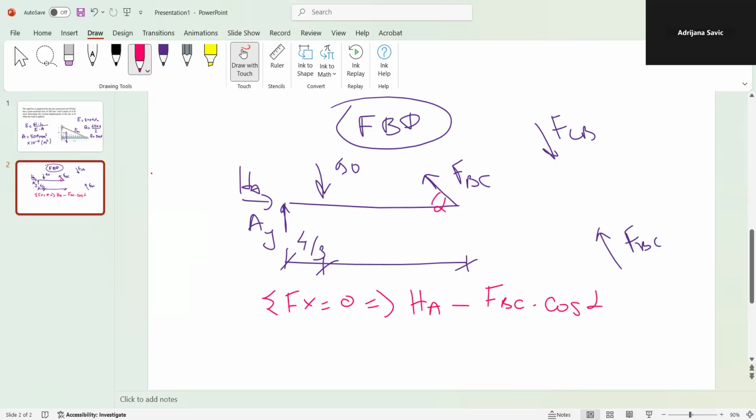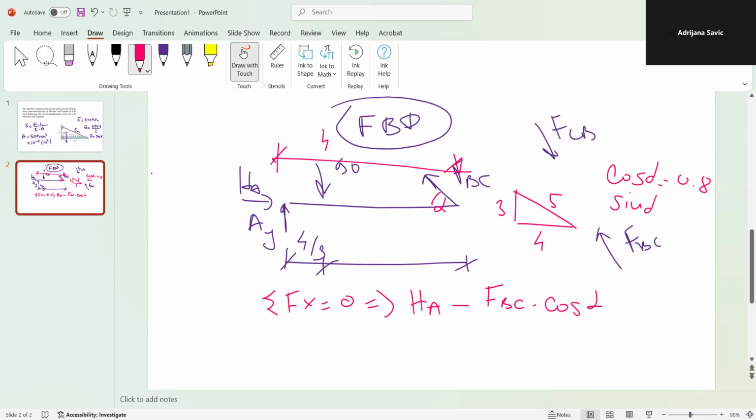Since the total length here is 4 and the height is 3, we have the 4, 3, 5 triangle, so cosine of alpha is 0.8 or 4/5, and sine of the angle is 0.6. These are the only two horizontal forces, and they are equal to 0.